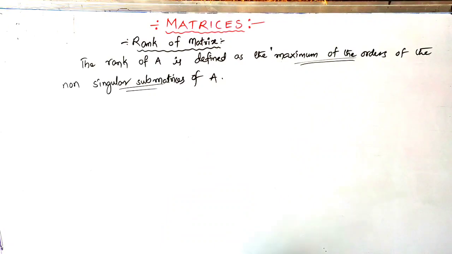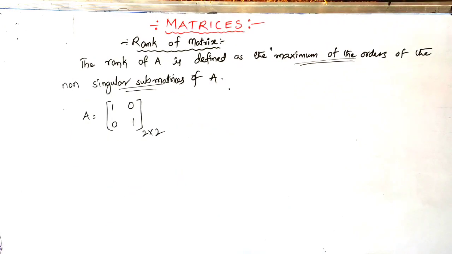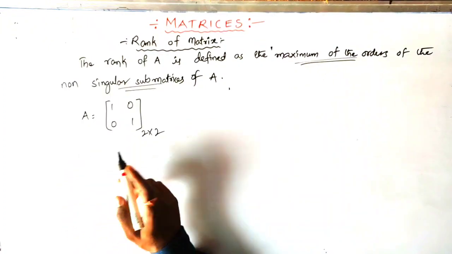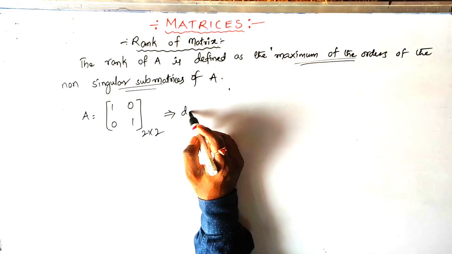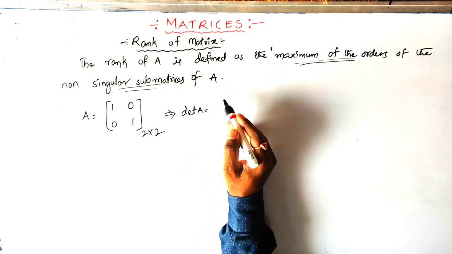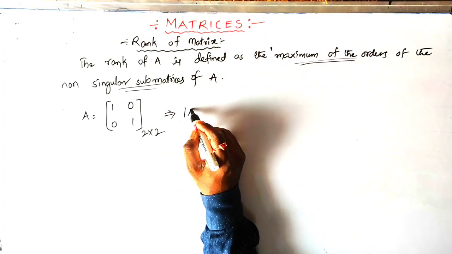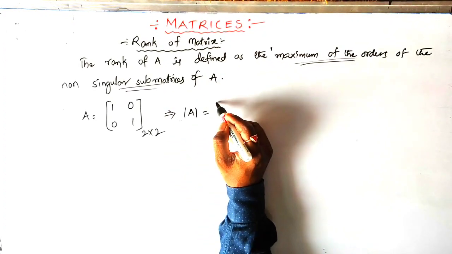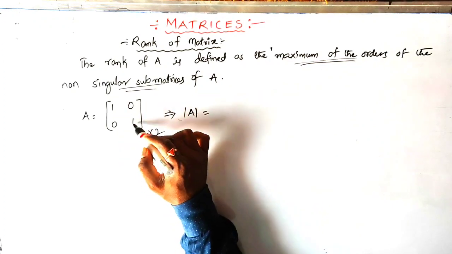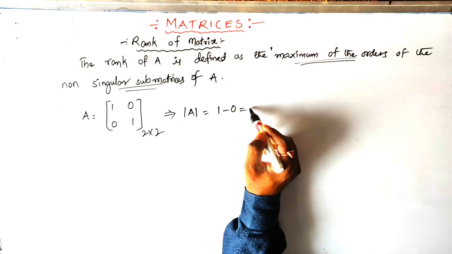We take here, clear? For example, 1 0 0 1. The order of this matrix is 2 rows and 2 columns. We find the determinant of A, that is mod A, equals AD minus BC, 1 into 1 minus 0, that equals 1.